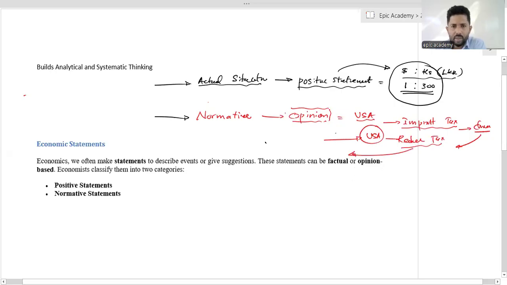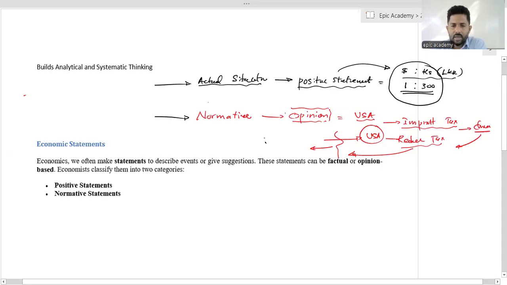Okay, some people who are living in this particular country, I mean the United States of America, are creating some statements, opinions to Donald Trump's government to reduce the taxes for other countries.